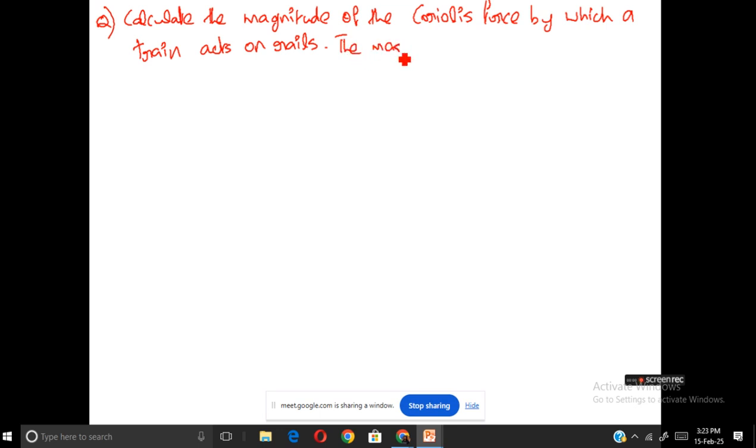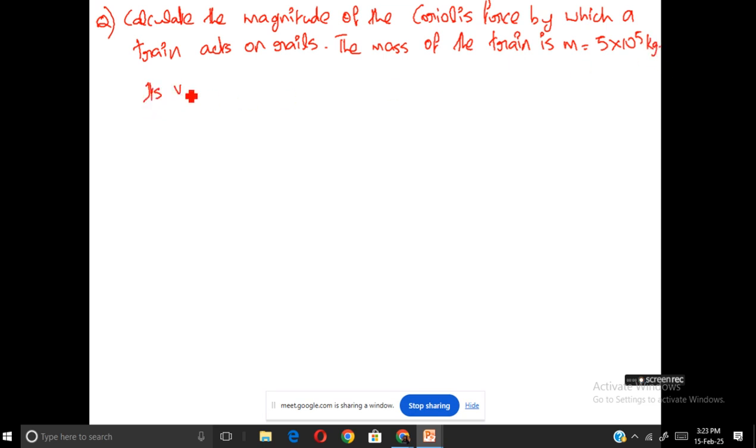The mass of the train is m equal to 5 into 10 raised to 5 kilogram.